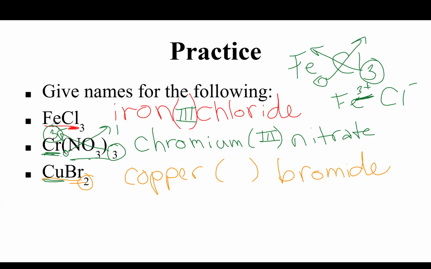We'll do the same thing. Take the subscript, make it the opposite superscript. So this becomes a 2. This is a 1. So this is copper(II) bromide.